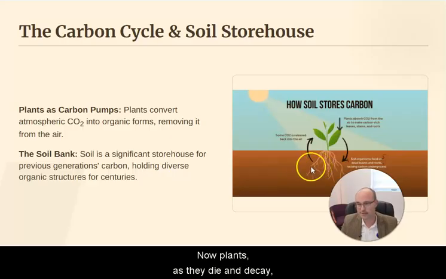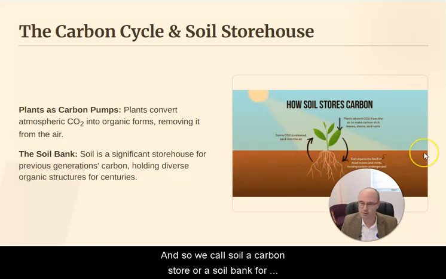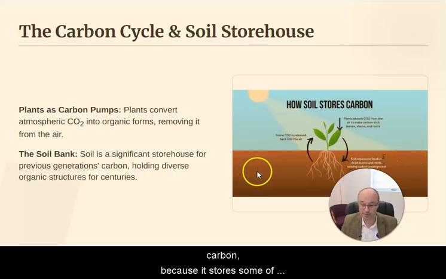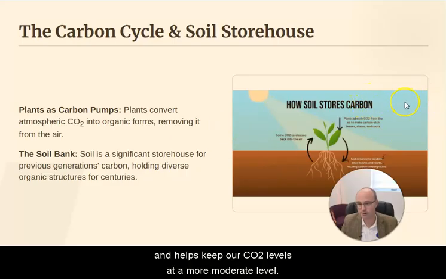Now, plants as they die and decay do release that CO2 back into the atmosphere, but some of that is stored. So we call soil a carbon store, or a soil bank for carbon, because it stores some of that carbon in the soil, making it unavailable for the atmosphere, and helps keep our CO2 levels at a more moderate level.